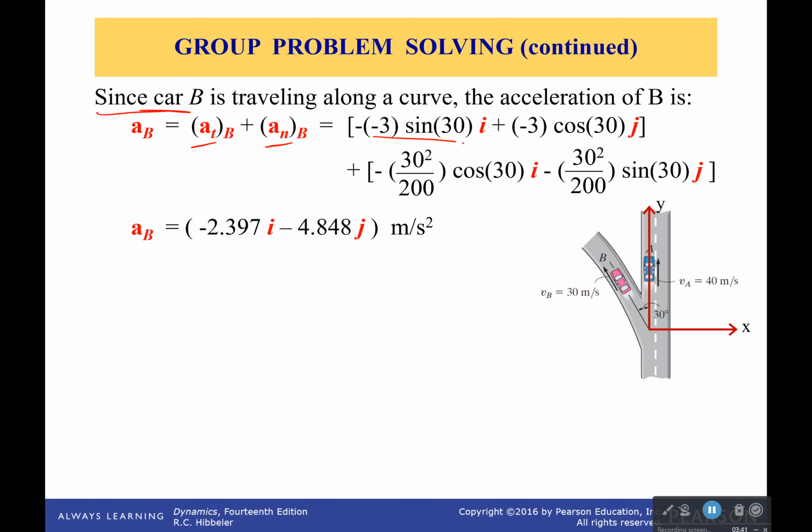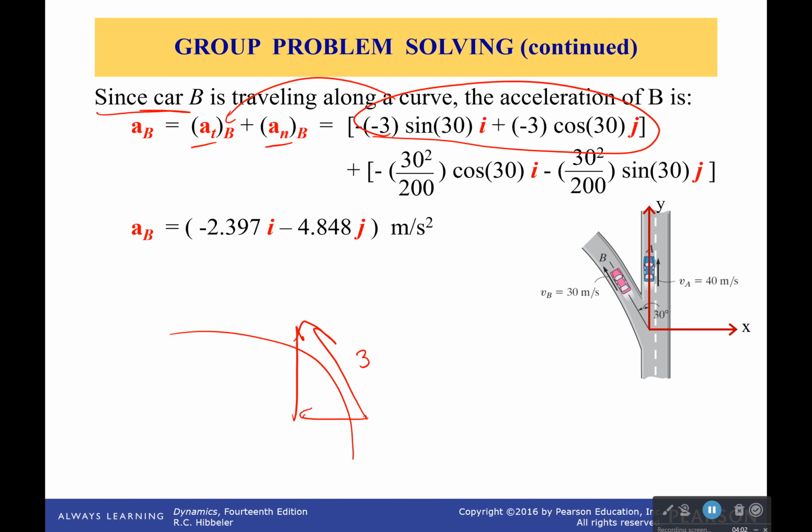So let's look at this section right here, because that is connected to my tangential component. So you know that we have an acceleration, and that's the tangential acceleration because we're along a curve. And that's going to be 3. And so what we do is we break it up into its x and y components, just like I did with velocity. I know that this is 30 degrees.